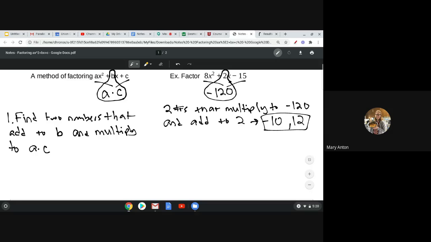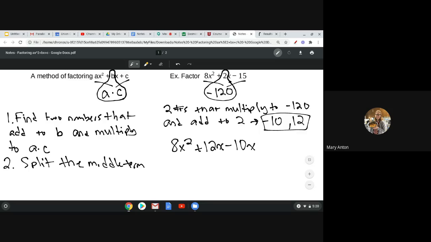All right, and now step 2. What we'll do next is split the middle term, which is the x term. What I mean by that is we're going to split this 2x up into a negative 10x and a 12x. So we're going to write 8x squared plus 12x minus 10x minus 15.